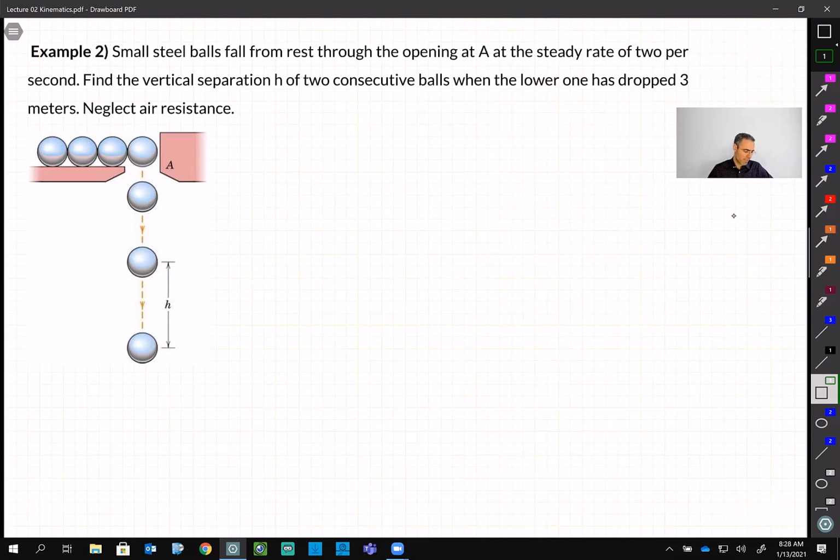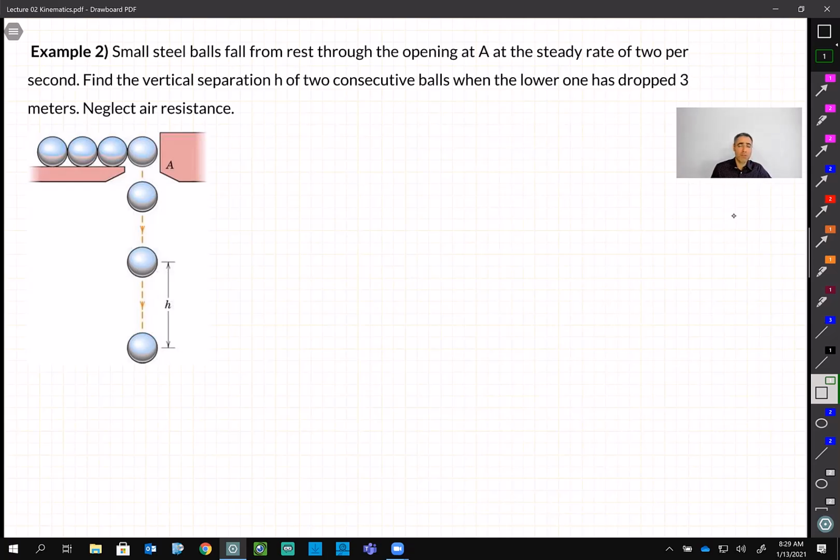So what it says, well, apparently we have some steel balls. Maybe they are like small bearings, like ball bearings. And then we have this maybe mechanism or a slot in which they come right after each other and they fall down, right?